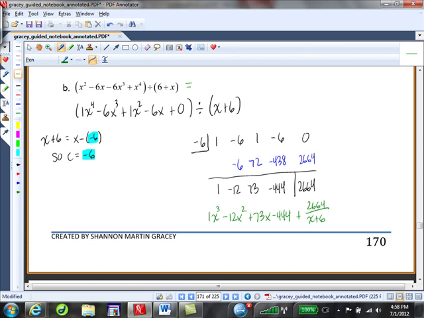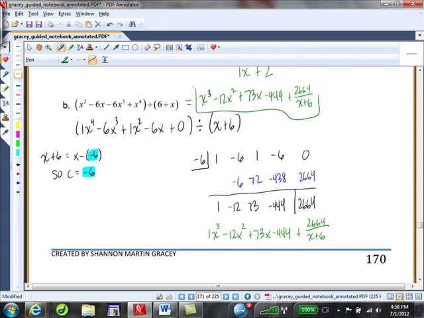So I'll just write it up here. We ended up with x cubed minus 12x squared plus 73x minus 444 plus 2664 over x plus 6. And that was our answer.